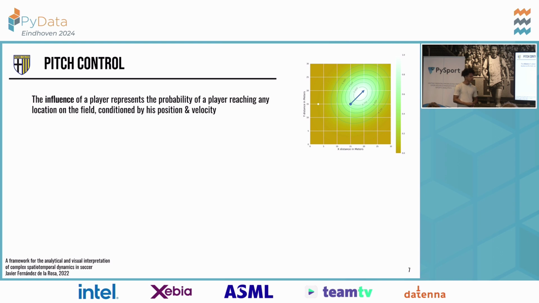So the first model is pitch control. It has been defined by Javier Fernandez in his thesis, and it basically defines the influence of a player based on their initial position and velocity, and it's the probability that the player is reaching any area in the pitch based on their initial position and velocity.